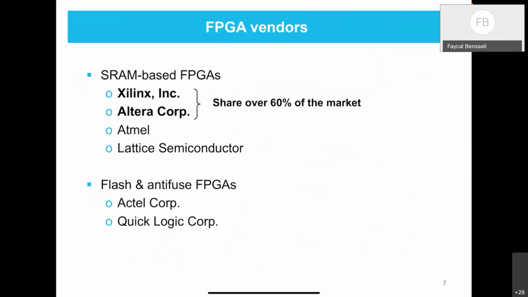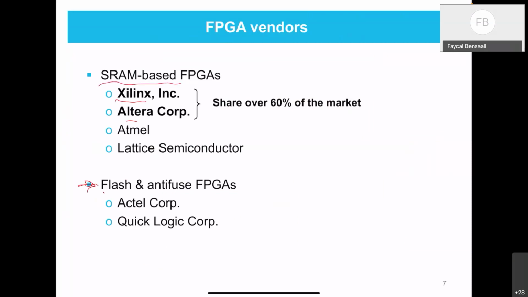So the FPGA vendors that you can find in the market are Xilinx, Altera, Atmel, and Lattice Semiconductor. As I said, Xilinx and Altera share over 60% of the market. There is also the technology used to manufacture those FPGAs.